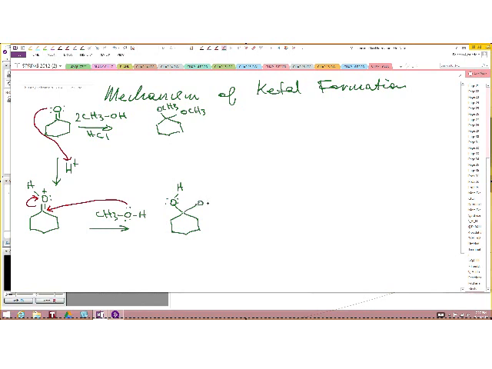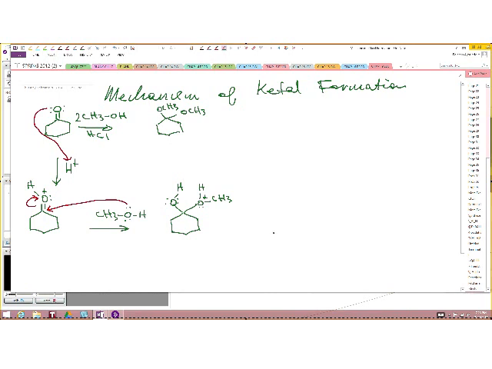Now we have this here. Now this oxygen is positively charged. Okay. Now we are going to have a transfer of proton from this oxygen to this oxygen here, because ultimately we are going to lose this oxygen here.